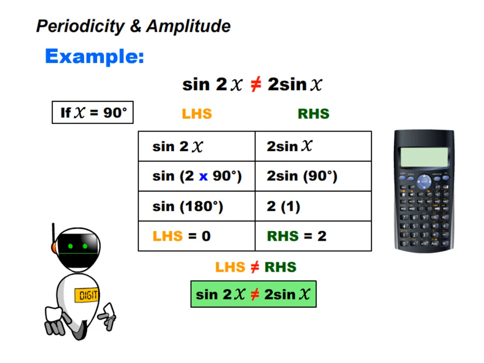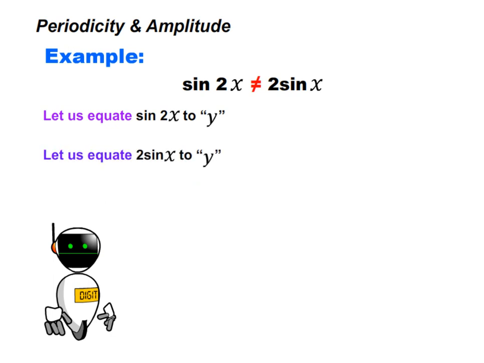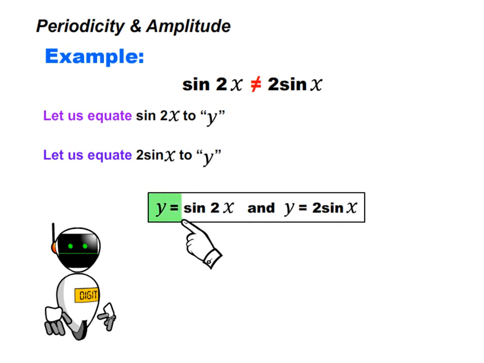Good question. We have seen that sine 2x is not equal to 2 sine x. Let us equate sine 2x to y, and let us equate 2 sine x to y. So far we have y is equal to sine 2x, and y is equal to 2 sine x.